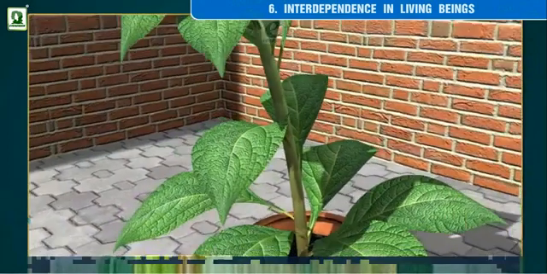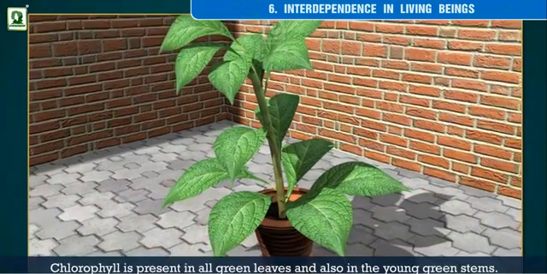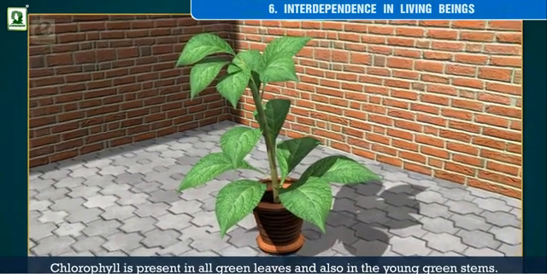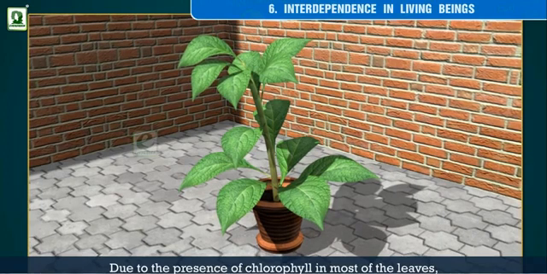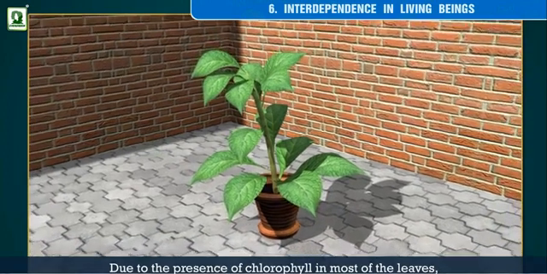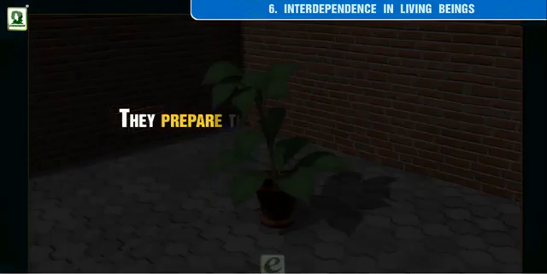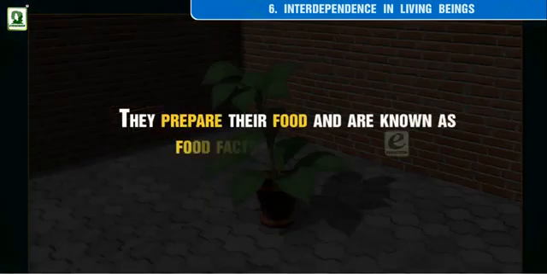Chlorophyll is present in all green leaves and also in the young green stems. Due to the presence of chlorophyll in most of the leaves, they prepare their food and are known as the food factories of the plants.